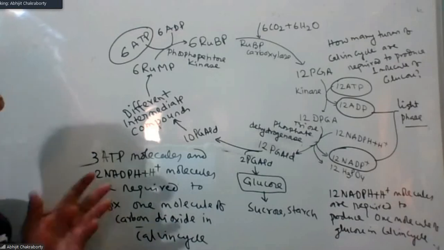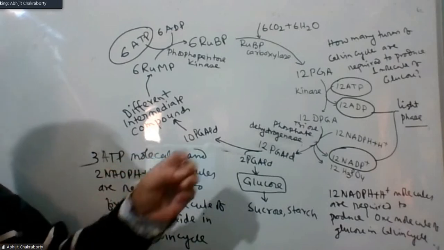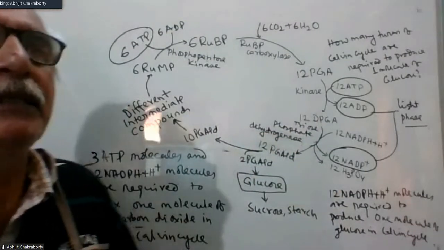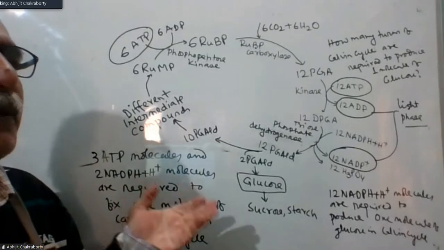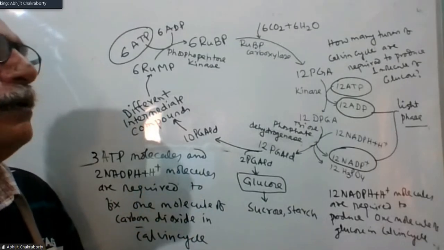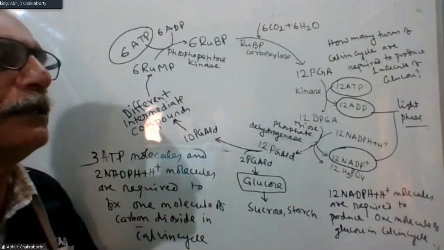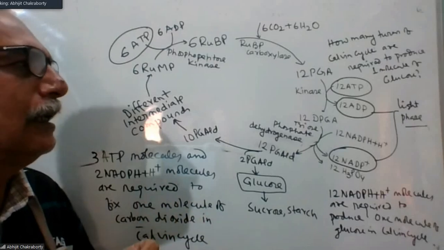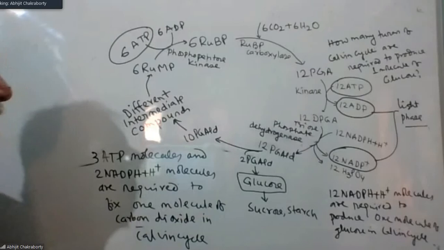Sometimes the question gives 2 molecules, 3 molecules, even 4 molecules of carbon dioxide, that means up to 6. Everyone knows how many ATP molecules are required to fix 6 molecules of carbon dioxide: 18. But sometimes with 4 or 5, mistakes are made and you give a wrong answer.